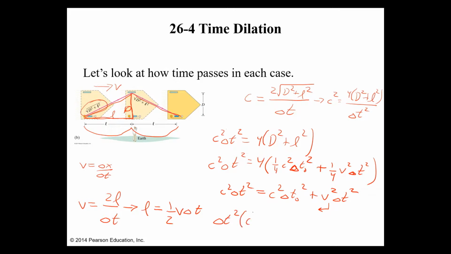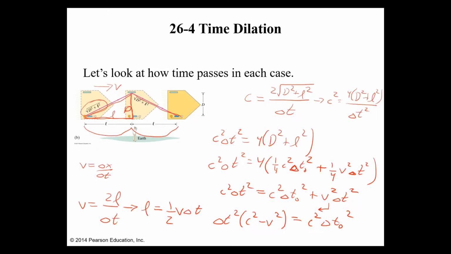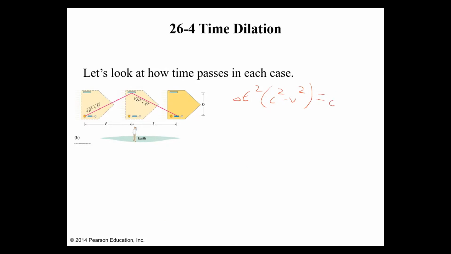So delta t squared times (c squared minus v squared) has to equal c squared delta t naught squared. Let me just rewrite that right here: delta t squared times (c squared minus v squared) has to equal c squared times the proper time squared.